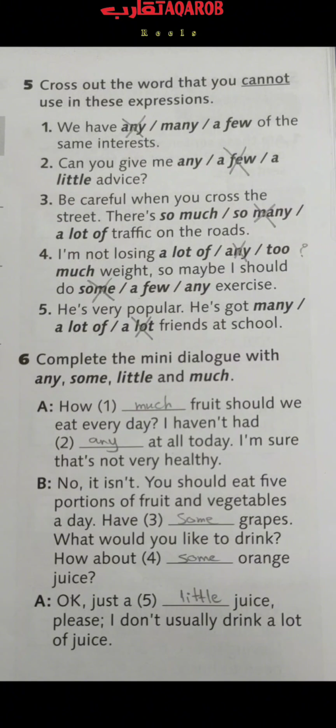So some here can be used with countable and uncountable nouns. Is it correct to use some here? Yes. Have some grapes. What would you like to drink? How about some orange juice? Can we say some orange juice? Yes, because some, as we said, can be used with countable or uncountable nouns.